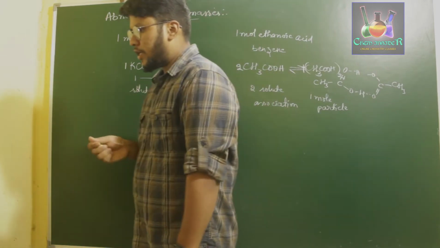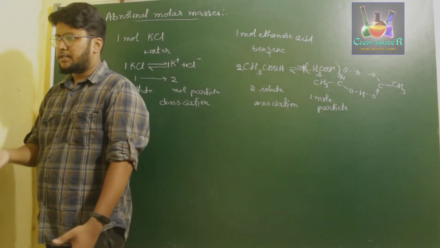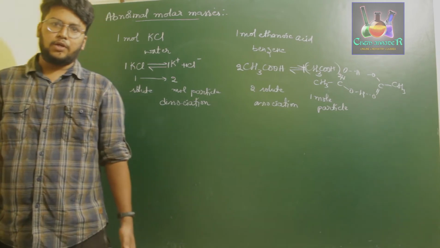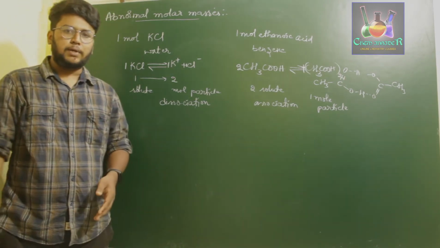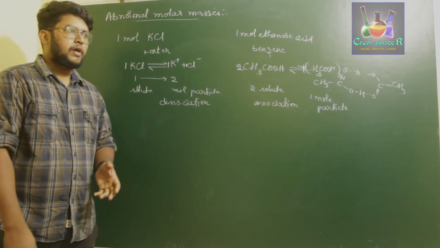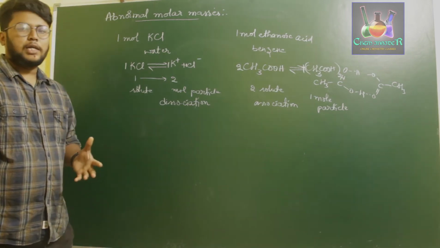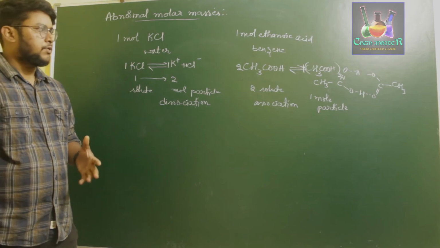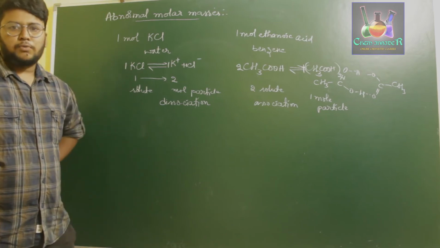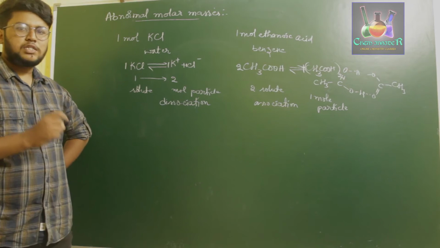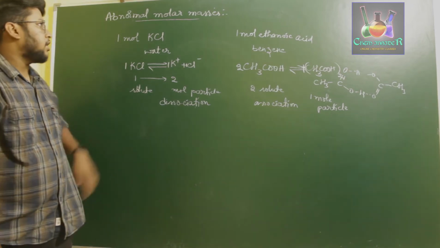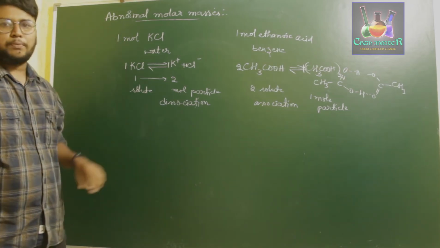We come across an abnormality compared to the exact molar mass. Therefore, this is called the abnormal molar mass obtained.